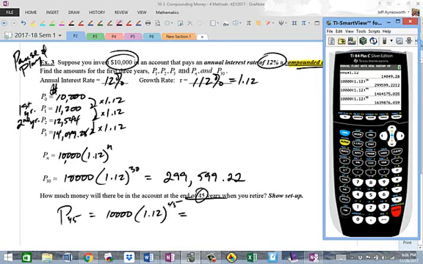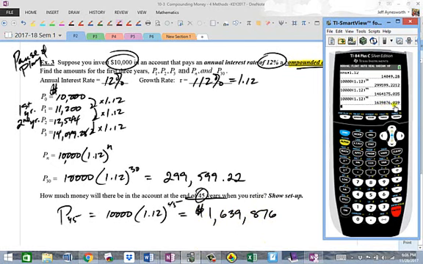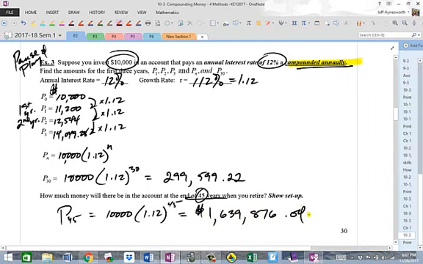So we get 1,639,876 dollars and 4 cents. Okay, there we go. So we get a lot of money in 45 years, if you let $10,000 ride for that long, 45 years, compounded annually at 12%. Not very realistic nowadays with today's economy, but hey, that's the way it goes.